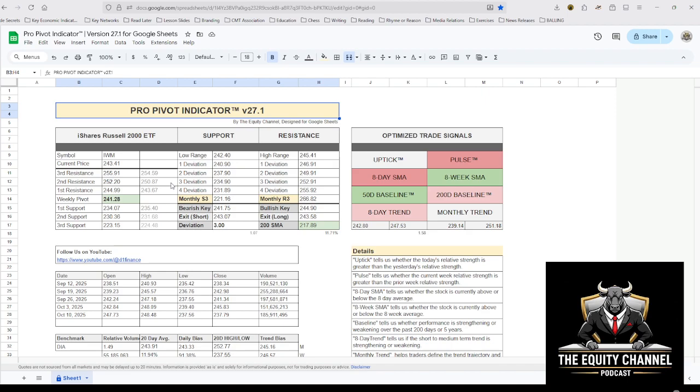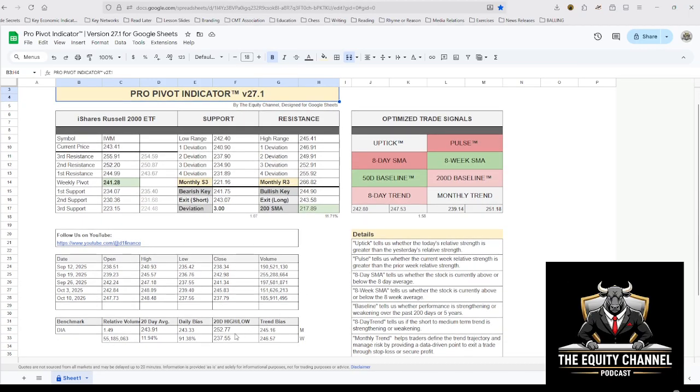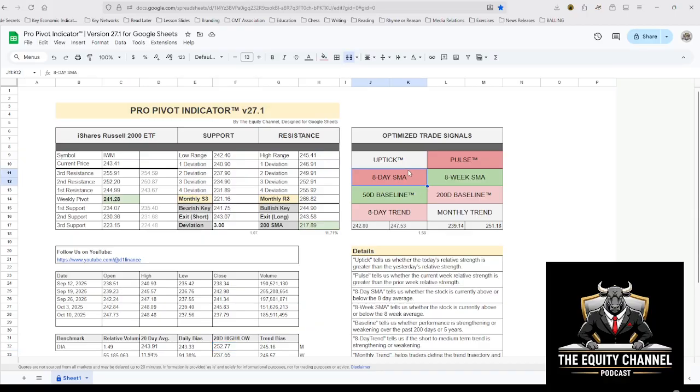So, for example, if I was a trend following trader, then I have my monthly highs and lows, my 20-day range. I have my 8-day SMA. I have my 8-day trend, which is not the same thing, I have my monthly trend. I have right here my bullish and bearish key levels. As I trade above these, it helps me to stay with the trend.